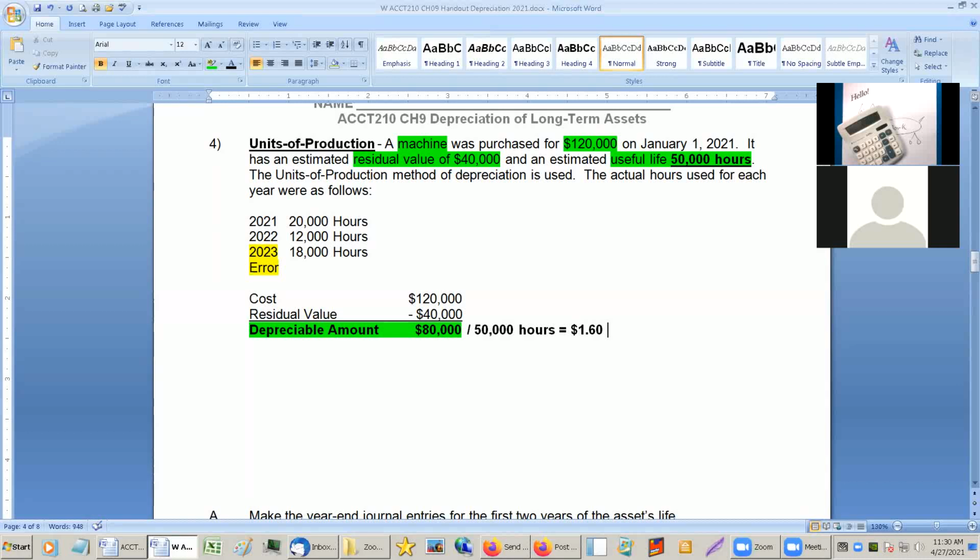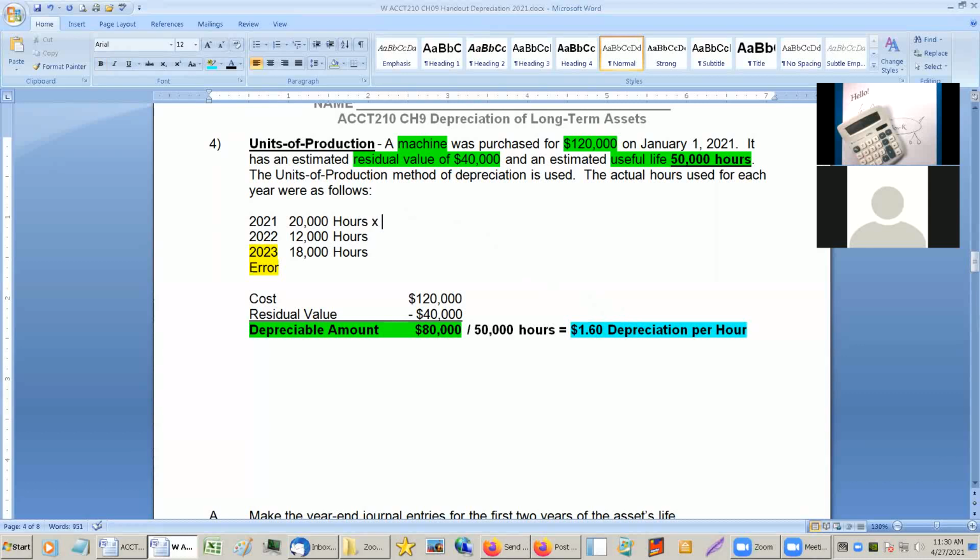So this will be the depreciation per hour. But 1.6 is fine. The zero doesn't do anything.